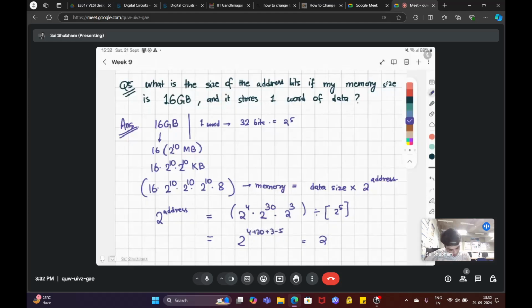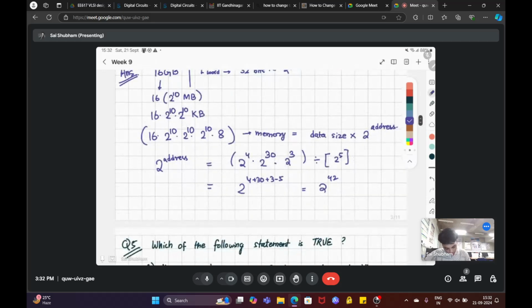So the answer is 2 power 4. So address bits are 42.